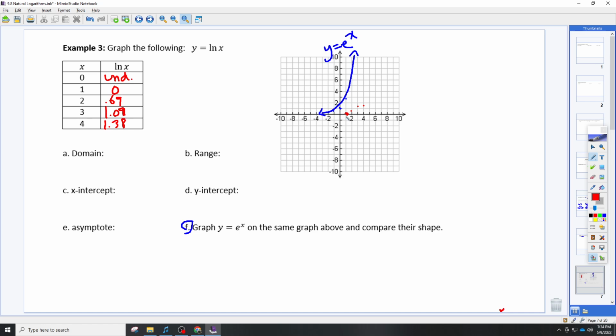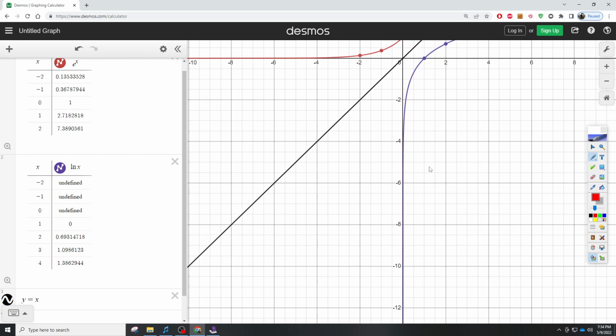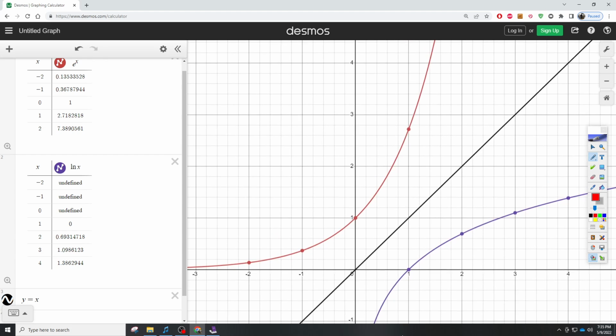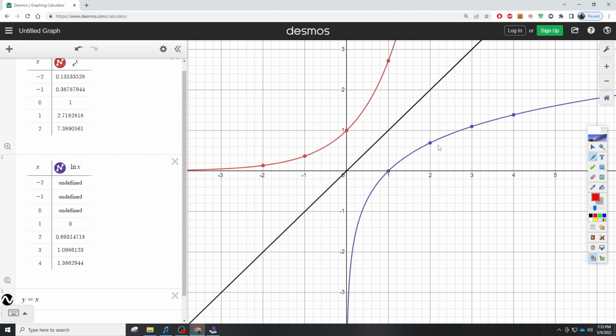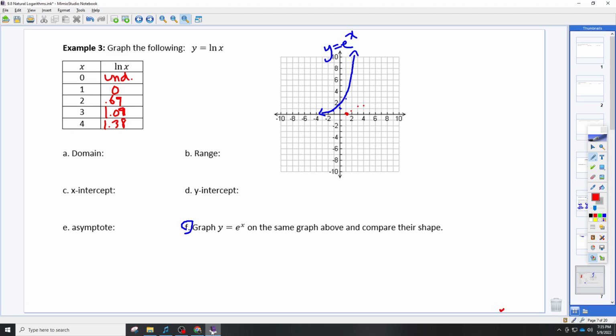And as you can see, this is kind of like slanting down, but it's not going to cross this. Looks like we have another asymptote, right? If you zoom in, it doesn't touch the y-axis. It gets closer and closer. And then we have this kind of just veering off this way. It's not really growing that fast. It takes a while to grow.